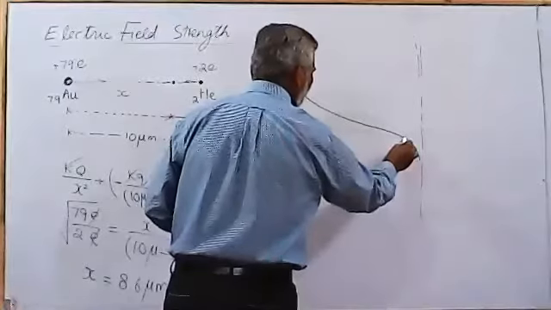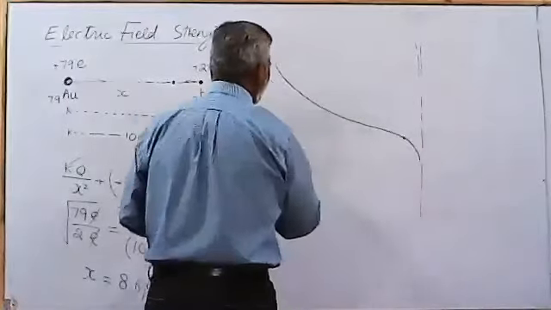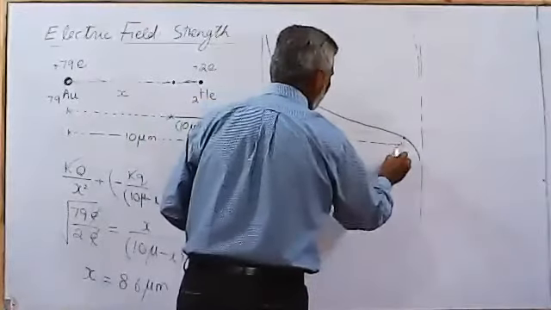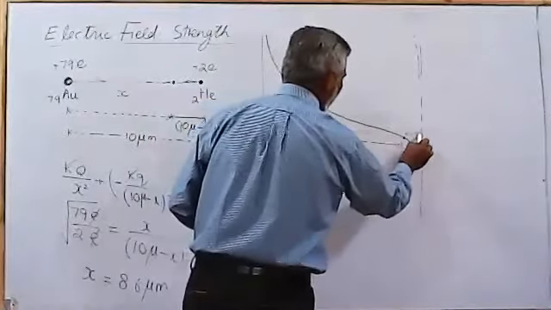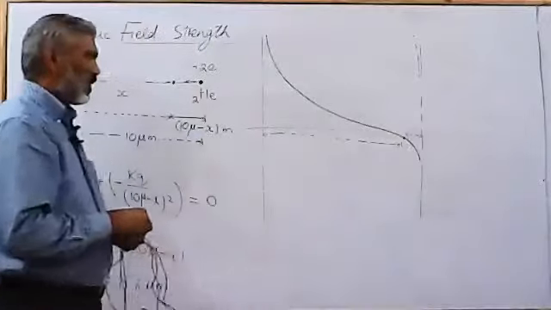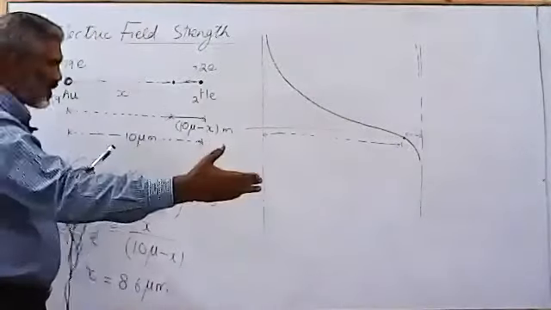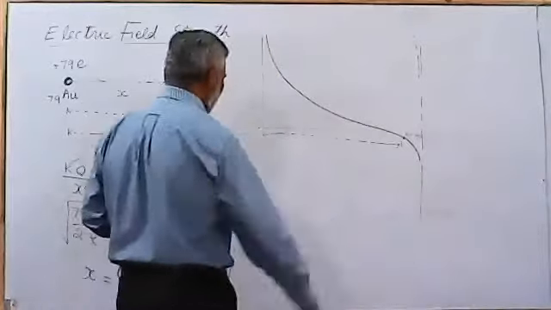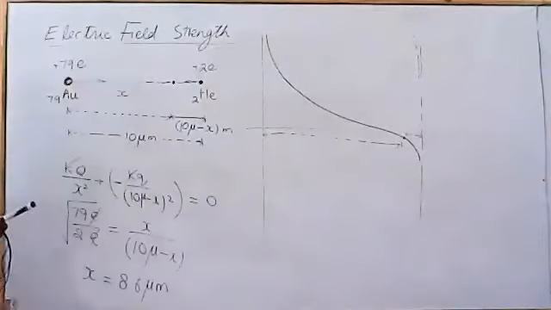So basically, this is the distance from this, 8.6 up to this, and the remaining adds up to make it 10 micrometer, because the total distance is 10 micrometer. So 8.6 is this, and the remaining 1.4 micrometer.